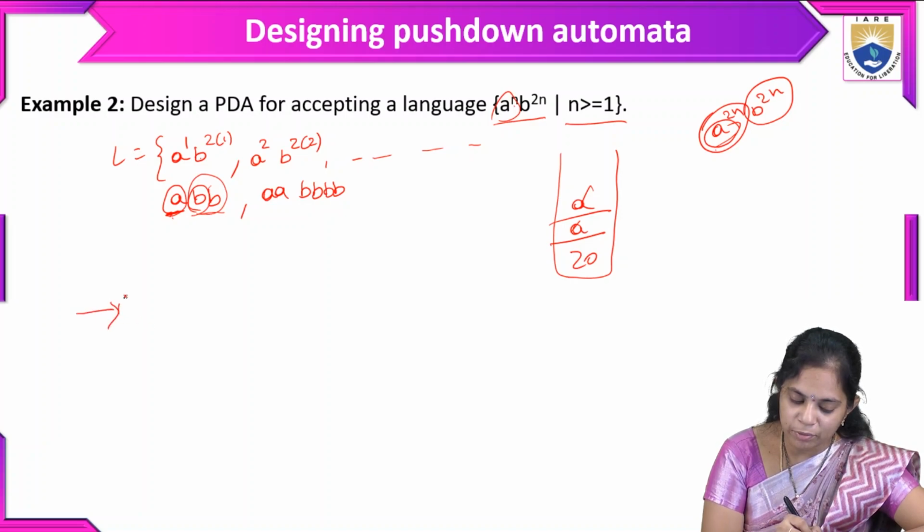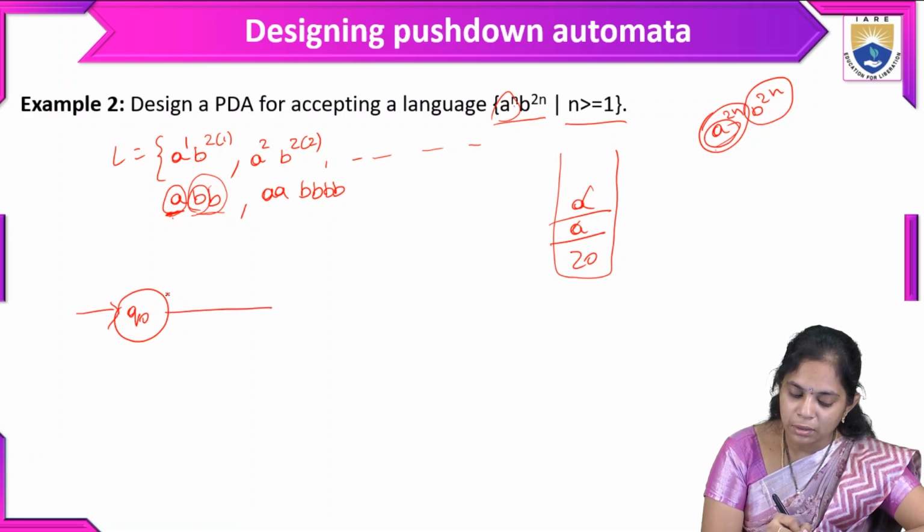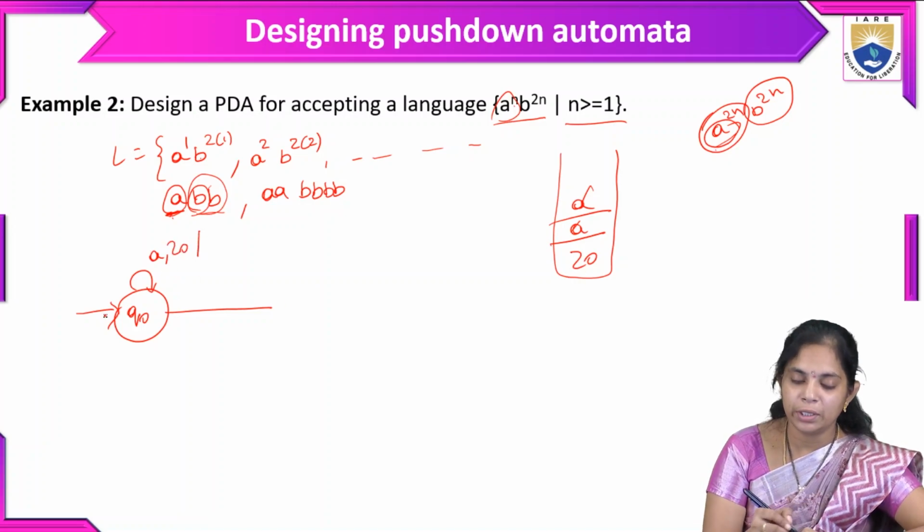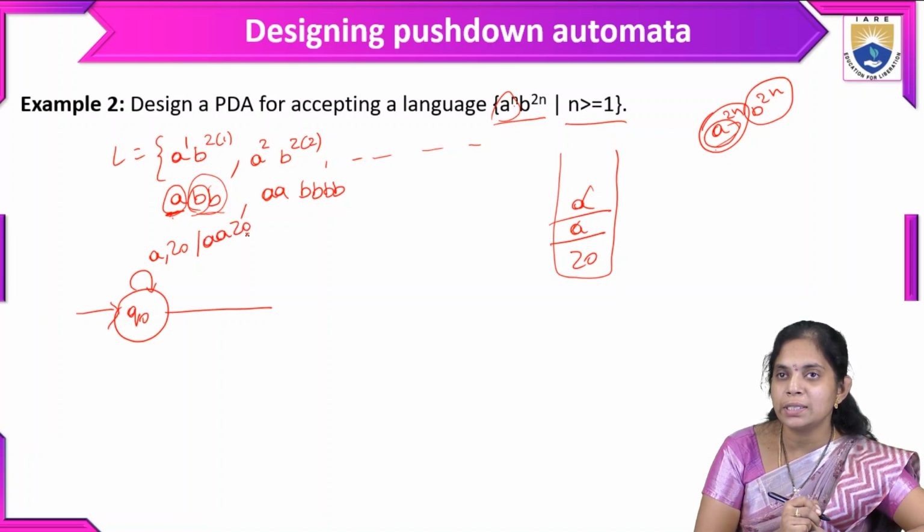Initially we have to start with Q0, and while reading A, the top of the stack symbol is initially Z0, and what we have to do is push two A's into the stack.